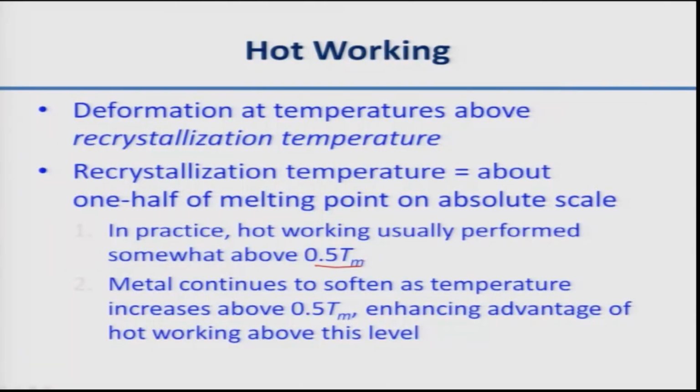Normally this is done because at high temperature the strength of the material decreases substantially, so it is easy to deform. Ductility increases too, and this allows us to deform the material extensively.